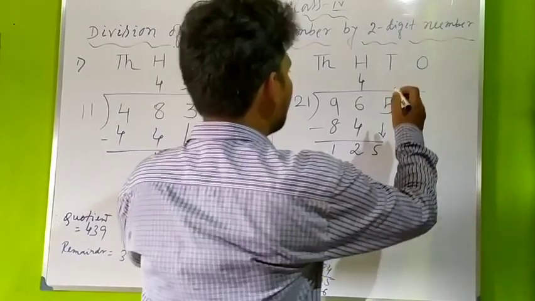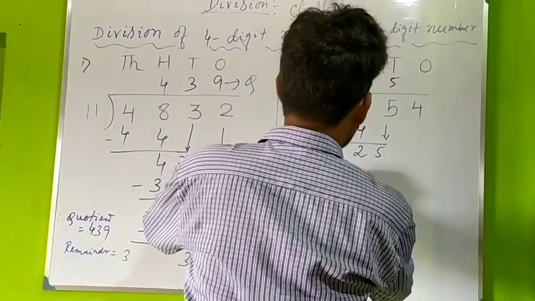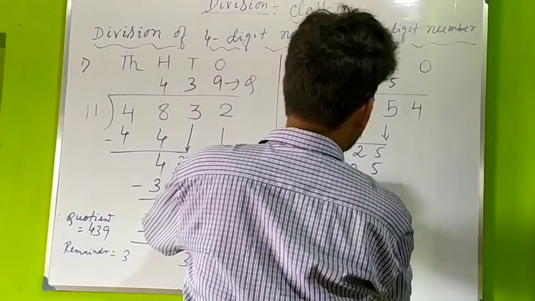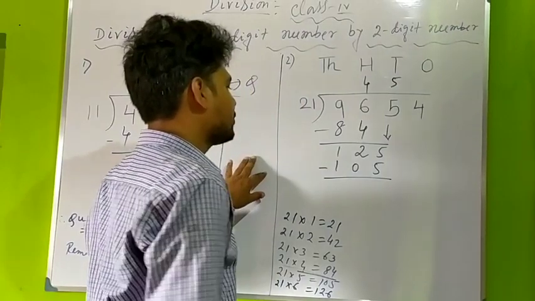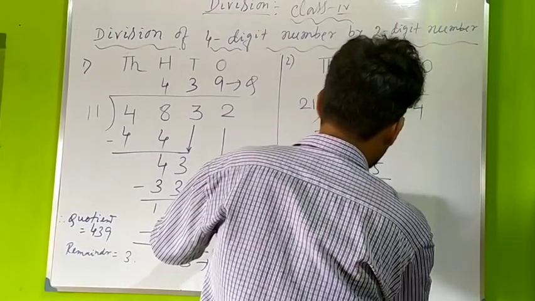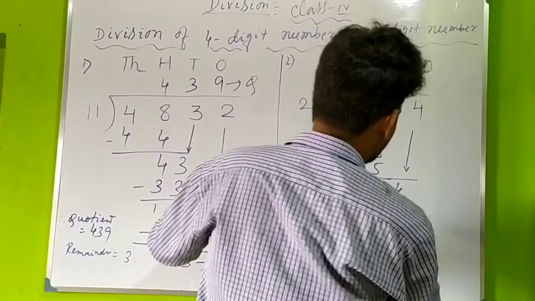So you write down at the tens place the digit 5. So we get 105. Now you subtract 105 from 125, we get 20. Now this 4 comes down.